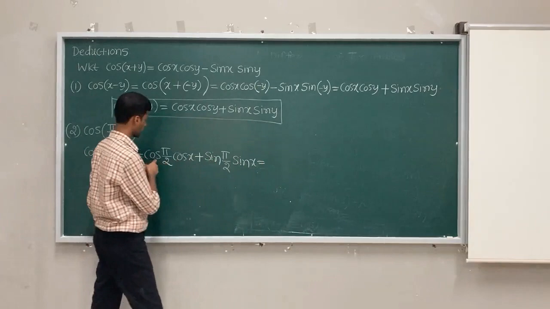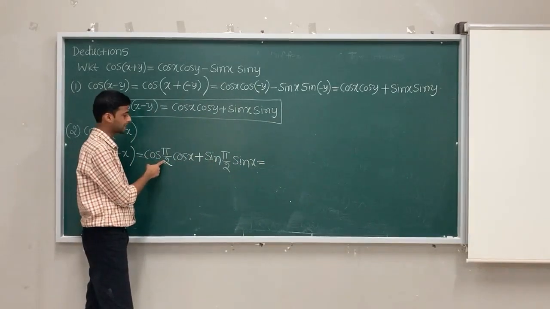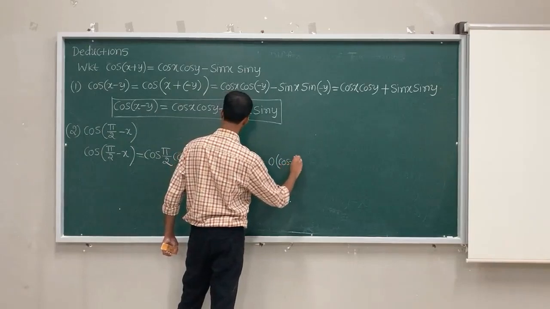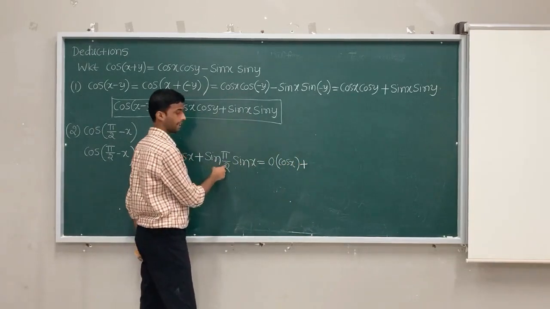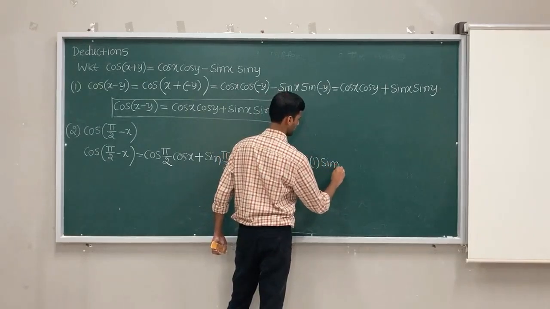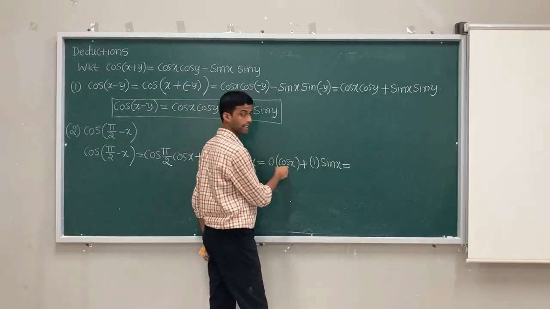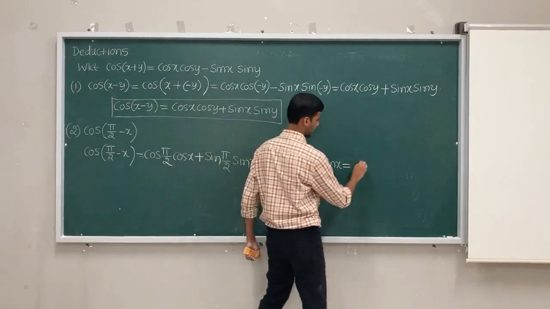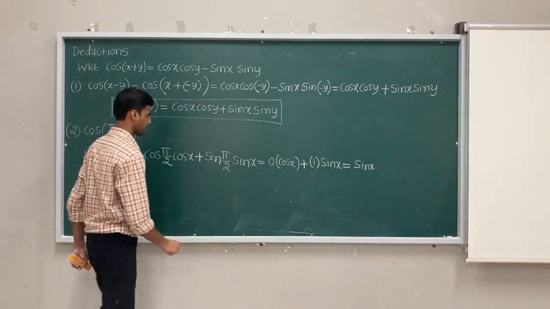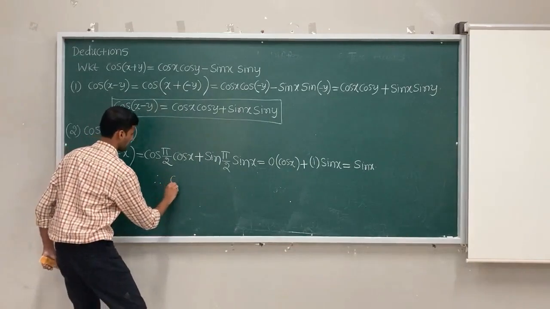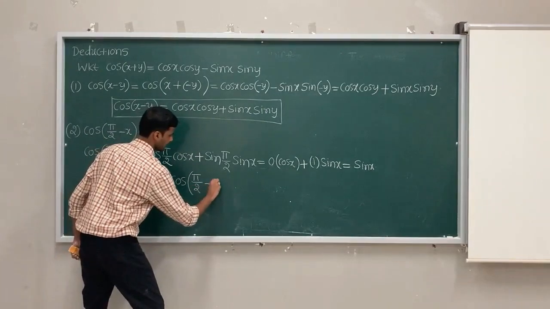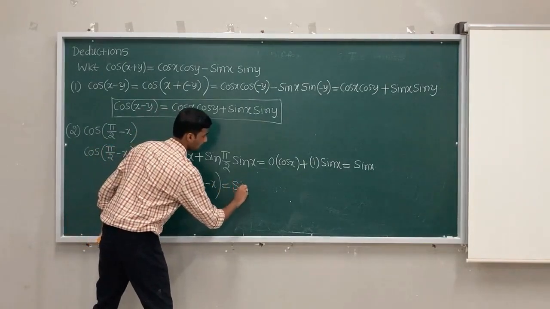I know that cos pi by 2, cos 90, is 0. It is 0 into cos x plus sin 90, which is 1, into sin x. So 0 into anything is 0, 1 into sin x is sin x. Therefore, we got to know that cos of pi by 2 minus x is equal to sin x.